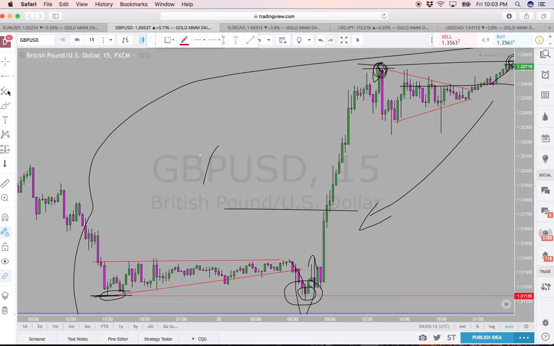Just because, check this out. Let's say we got in somewhere around here. I wouldn't have moved my stop loss to break even until this candle shifted out of this entire zone. This is the shift in the zone, and we can see price just moved up from there.